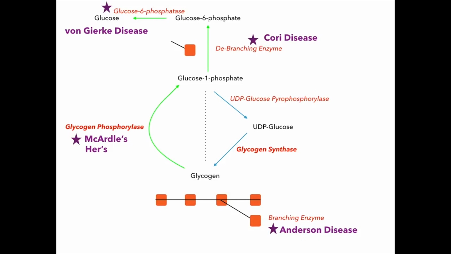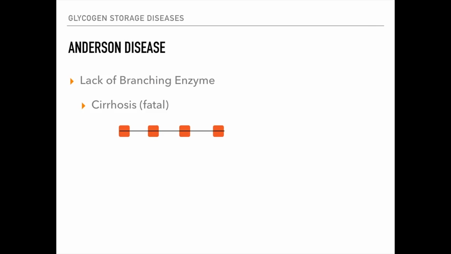Now, I told you, if you have a super long straight compound, which would be the case if the branching enzyme didn't exist and all you did was keep making those alpha-1,4 bonds and forming that long straight compound of glycogen, you would get cirrhosis because it's just completely fatal to your liver. So this would turn into this.